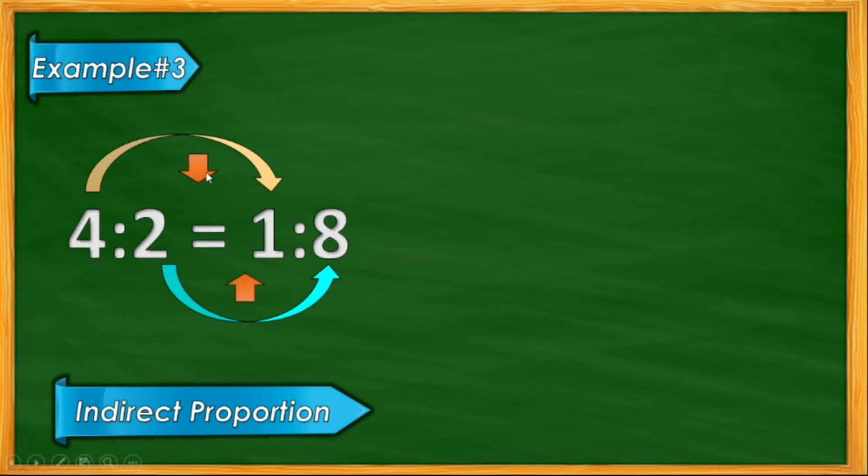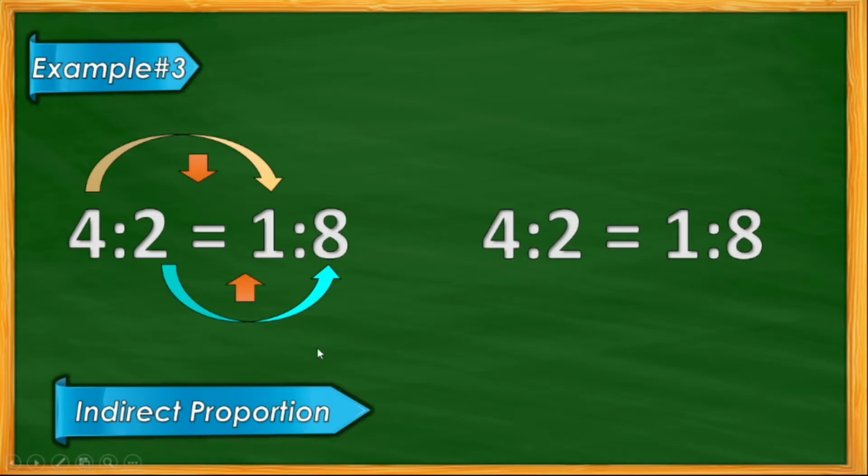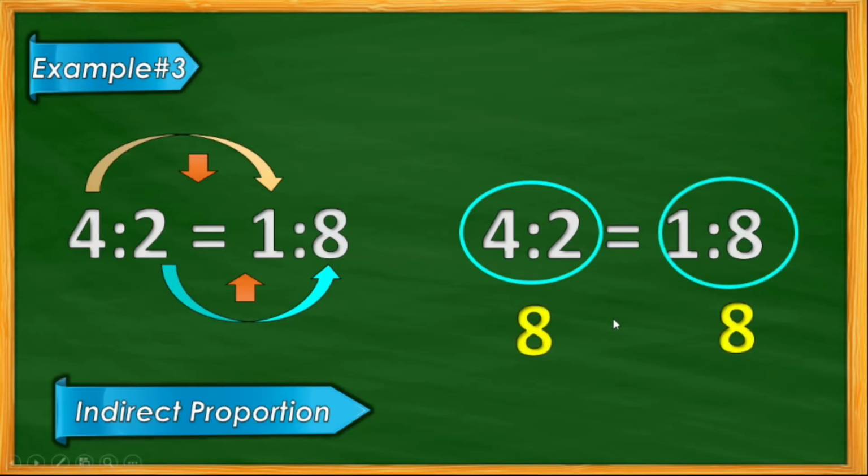So the first quantity is decreasing, the second quantity is increasing. So this would be an indirect or inverse proportion. So let's check if the two ratios are a proportion. 4 multiplied by 2, the answer is 8. And 1 multiplied by 8, the answer is 8. So the two ratios are equal. So this would be a proportion and also an indirect proportion.